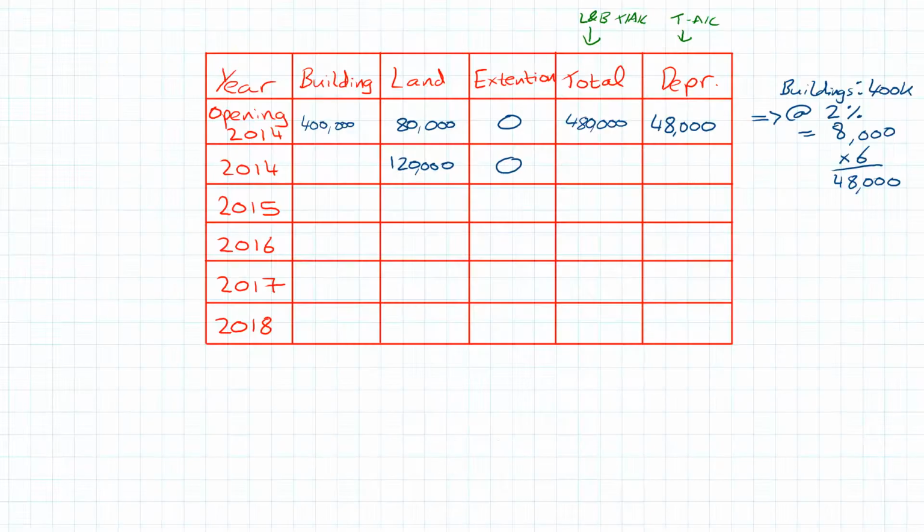So 620. So if the total is 620 and the land is 120,000, that would mean that the buildings is 500,000.